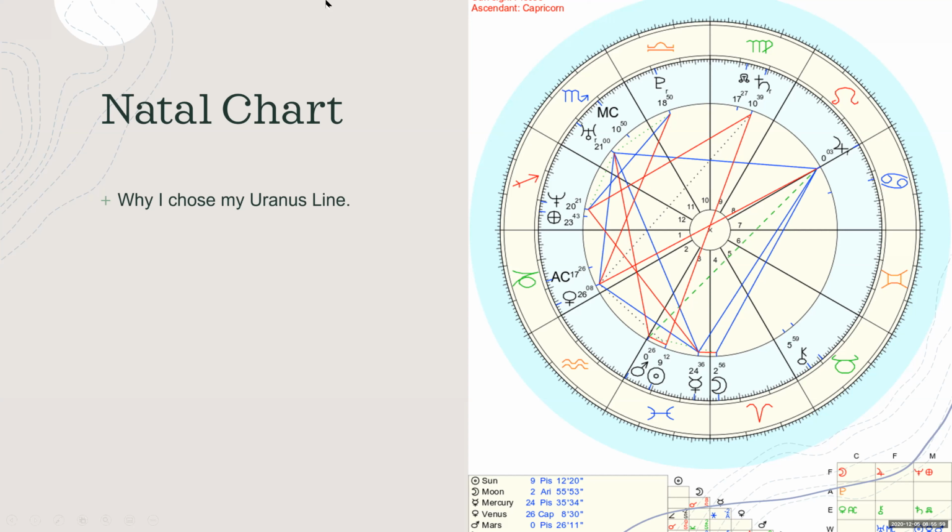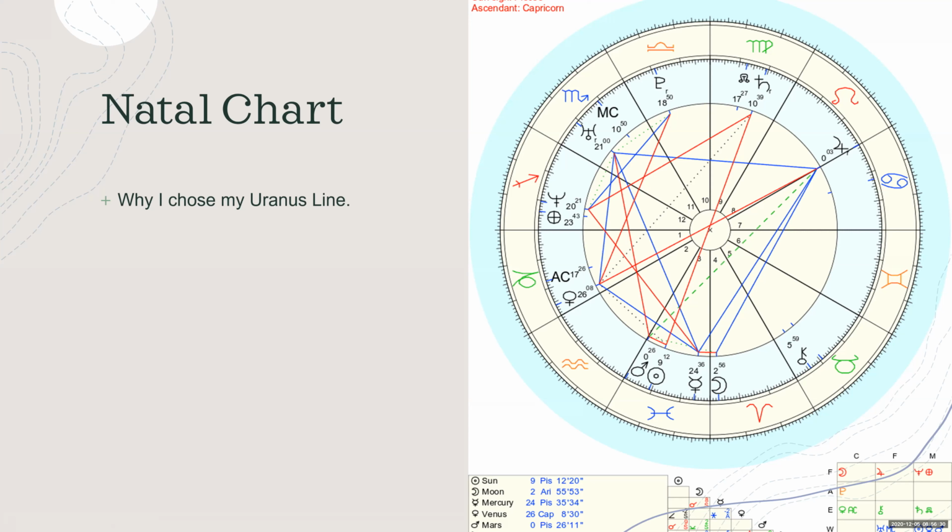But in my chart, there's a few reasons why I decided that moving to my Uranus line would be a good idea. I talked to you about the strength of planets and how when we're moving to an angle, that does play a part. So Jupiter, for instance, could be getting really badly aspected, which mine does not. It's just that I don't have a Jupiter line midheaven in the United States.